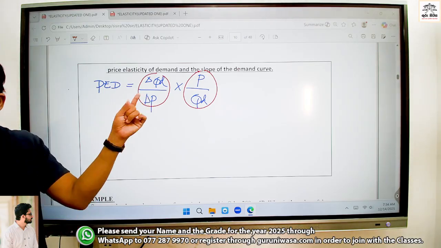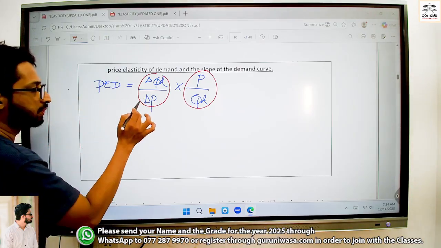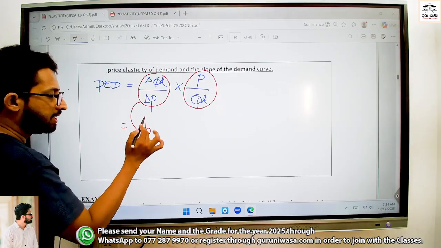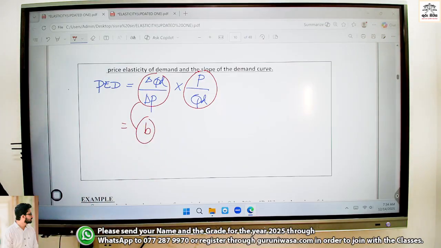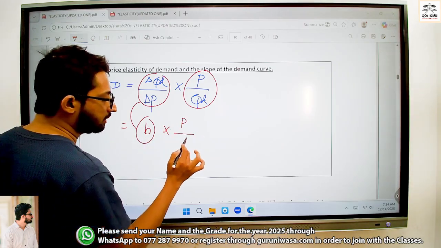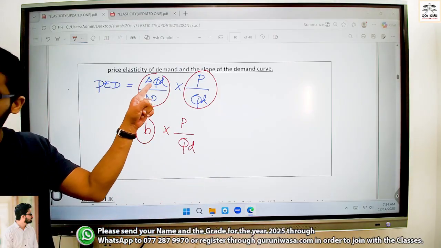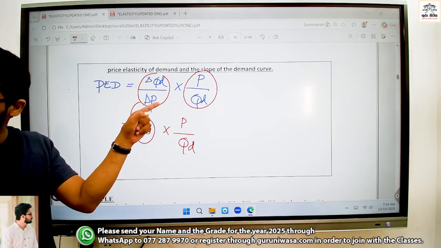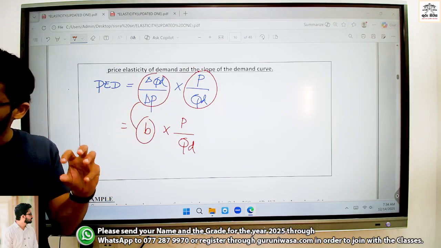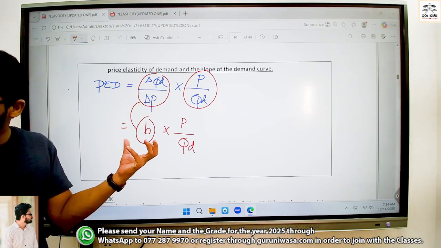So instead of delta QD over delta P, we can substitute B. B means slope of the demand curve. B into P over QD. So instead of change in quantity demanded and change in price, you can substitute the value of the slope of the demand curve straight away.